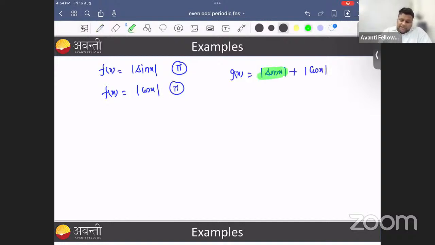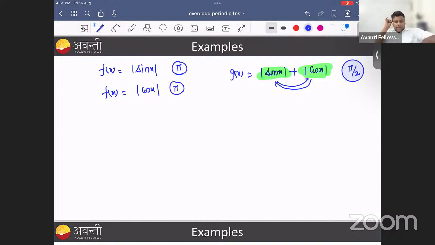Now see, its period is pi, its period is pi, but the period of their summation is going to be pi by 2. And why is it happening? Because they are converting into each other. After an interval of pi by 2, sine of pi by 2 plus x will become cos x and cos of pi by 2 plus x will become minus sine x, which minus is being absorbed by the modulus.